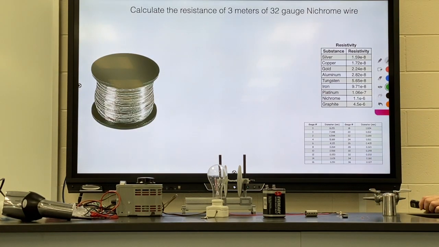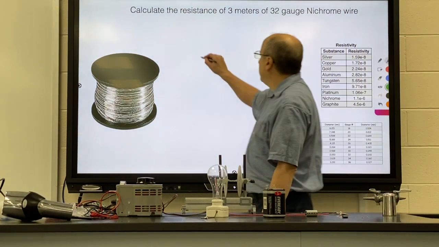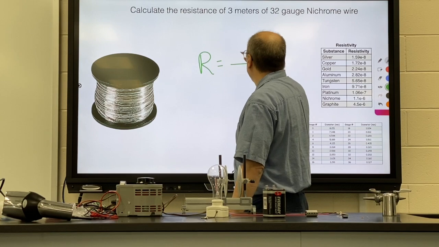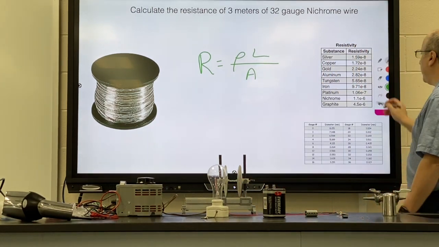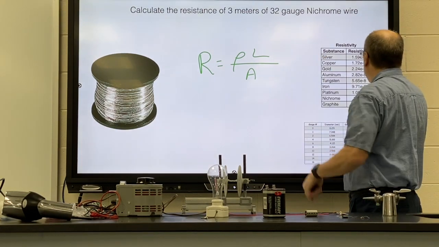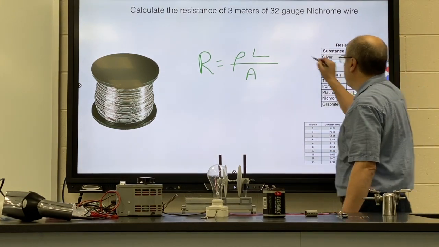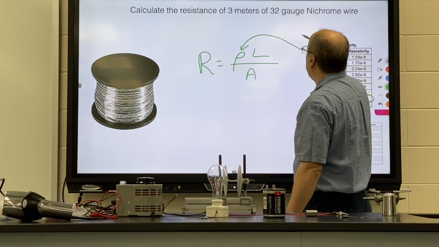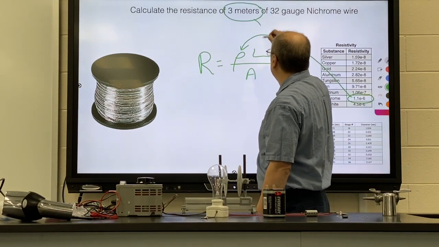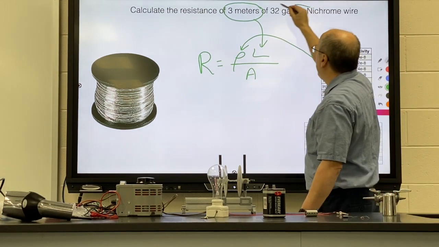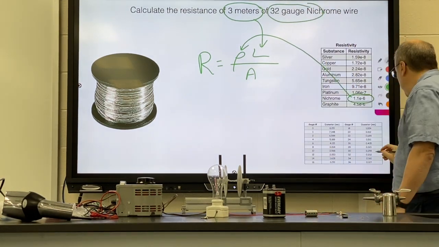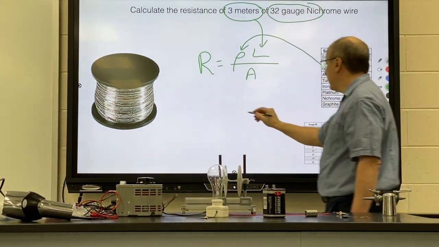Okay, so I'd like you guys to see how you actually calculate a resistance. Okay, so you're going to take your resistivity. This is nichrome, and that is going to go in here. The length, make sure you're in meters. That's going to go in there. Finally, the area, this is the tricky part. You look up 32 gauge wire.